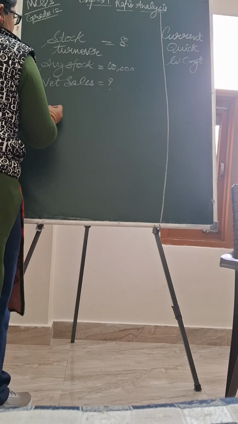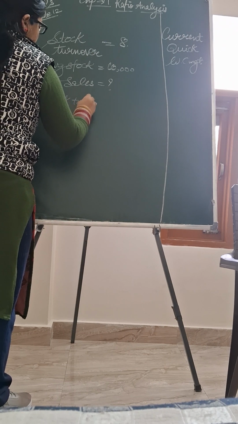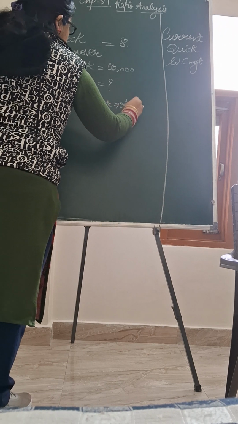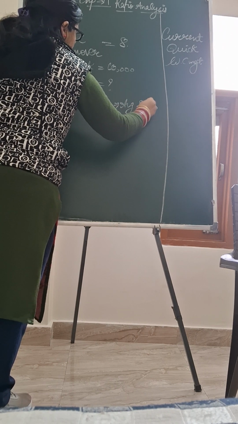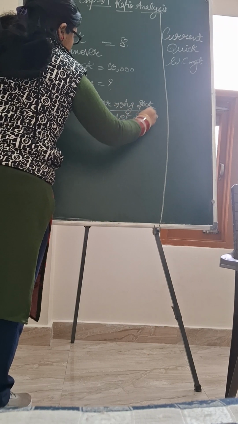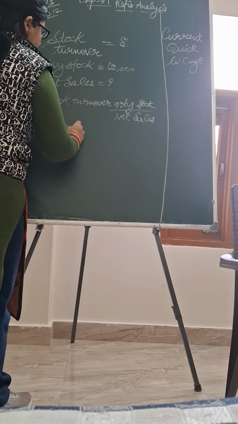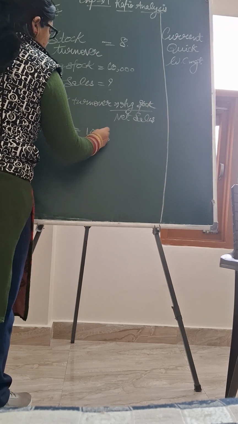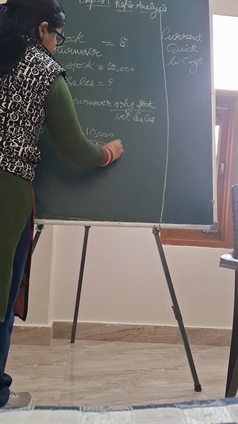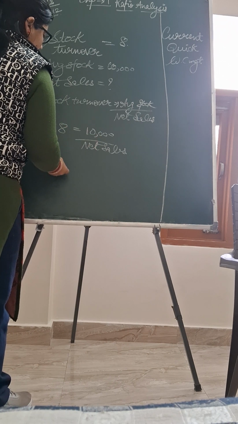It is very important. Whoever knows the formula of stock turnover, average stock over net sales. So stock turnover is 8, average stock is 10,000. Net sales we can find out. We will multiply both of these. Easiest way, net sales.